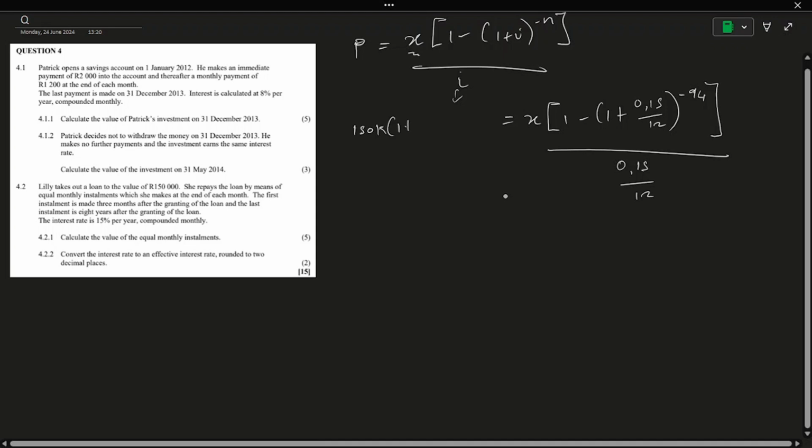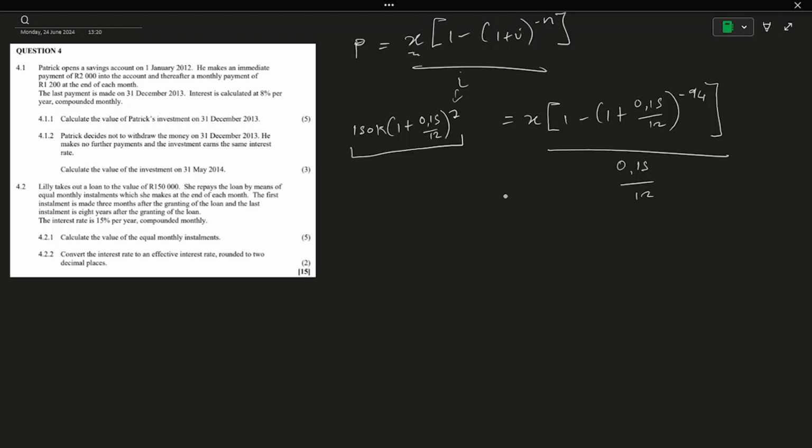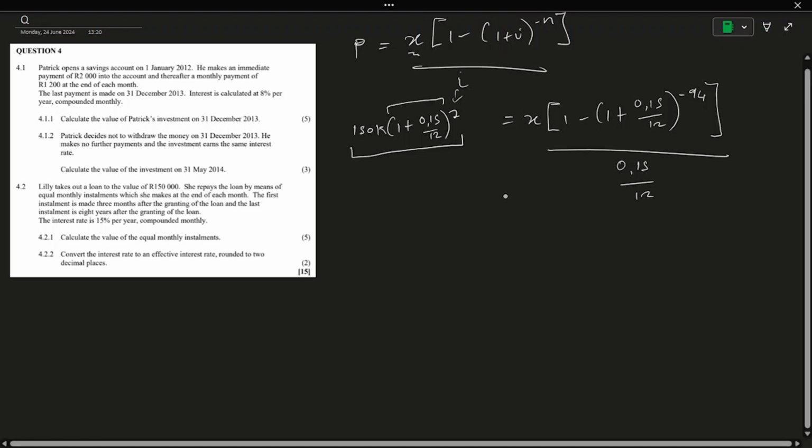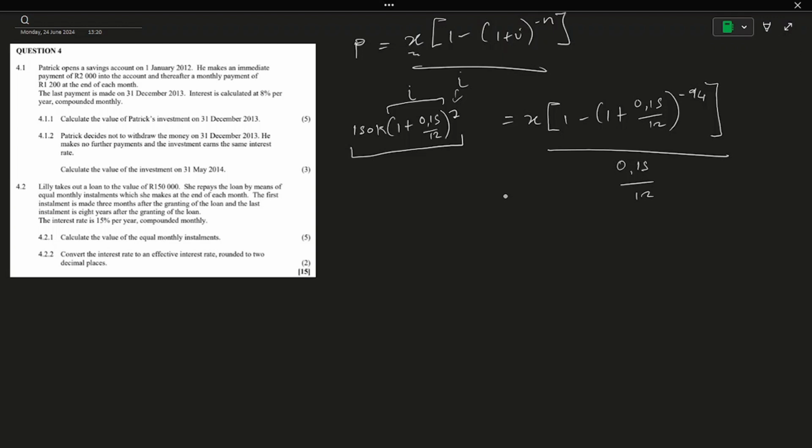We have 150K times (1 plus 0.15 divided by 12), but it has interest for 2 months, right? So this is what this person now owes. This person no longer owes 150K alone. Now this person owes 150K plus interest for 2 months, because this is the interest for 2 months.